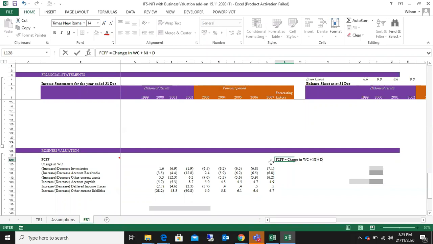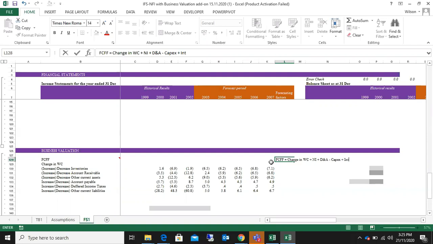Now plus the depreciation and amortization. So you have depreciation and amortization, then you subtract your capex. So you subtract your capex, and finally you come and add your interest.